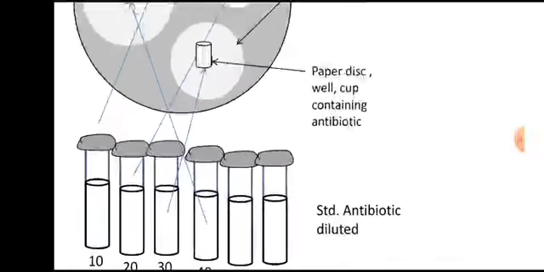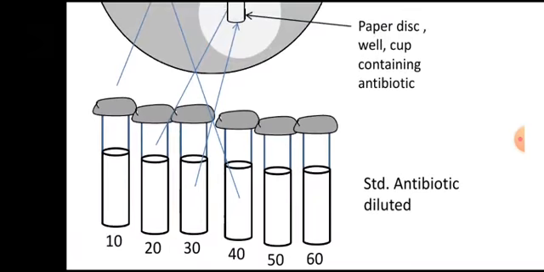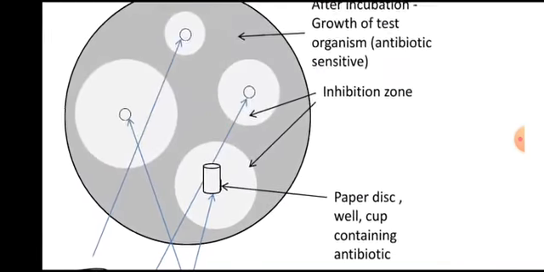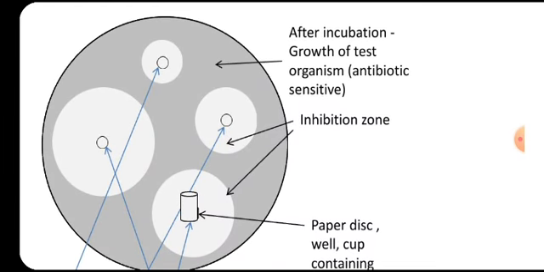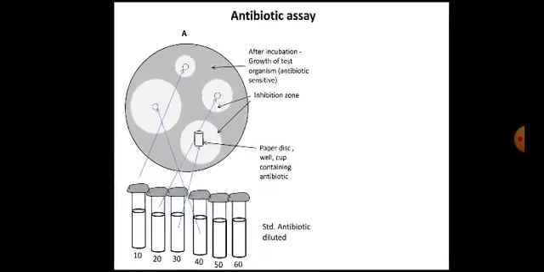First, we know the concentration of the standard antibiotic, and second, we now have the data regarding the inhibition zone. Now how to record this inhibition zone? Inhibition zone is recorded in the form of its diameter. So now you have inhibition zone diameter and the corresponding antibiotic concentration.